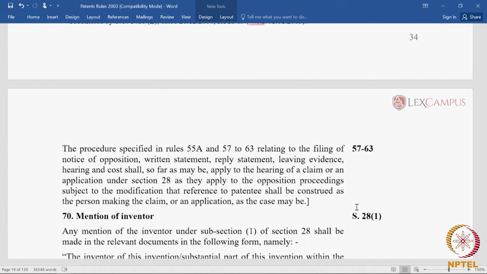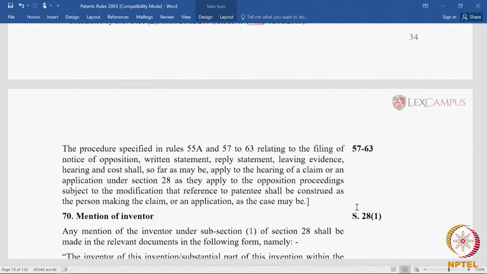So, if it is a 28 proceeding, you do not call that person an opponent, you call him a claimant, okay? And still the claimant will file his statement, the applicant whoever wants to oppose it will file their counter and the claimant will get another chance to make a statement based on certain issues, and there will be a hearing, there will be evidence that will be given, there will be a hearing notice, there will be an order and there can be a finding on costs.